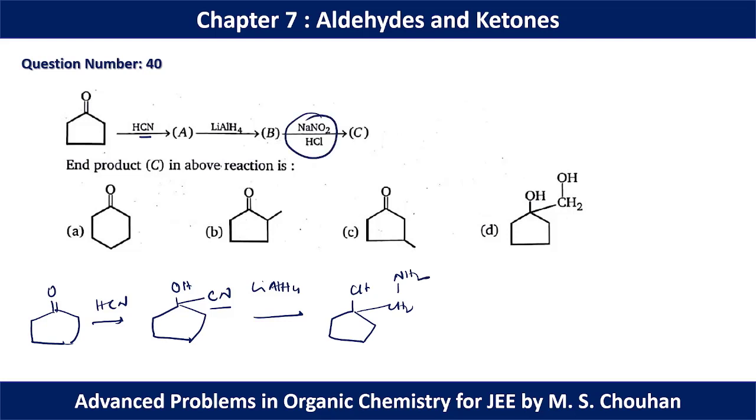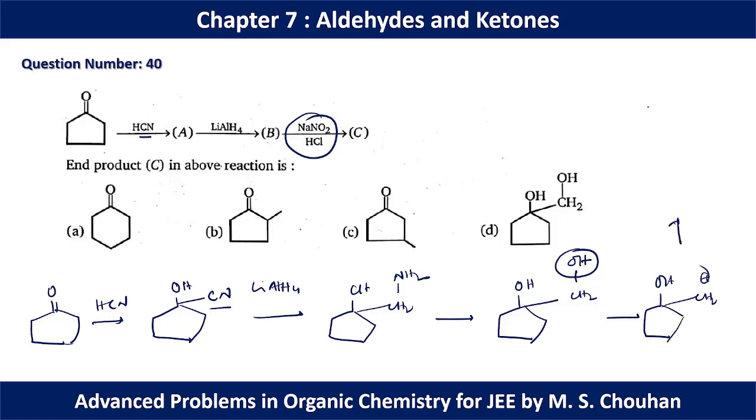Okay, NaNO2 and HCl can give this kind of situation, but it is an aliphatic amine. So in this case we can have a stable carbocation, and there will be a ring expansion in the next step, CH2 plus. So finally we will end up with cyclohexanone. So for question number 40, option A should be the correct option.